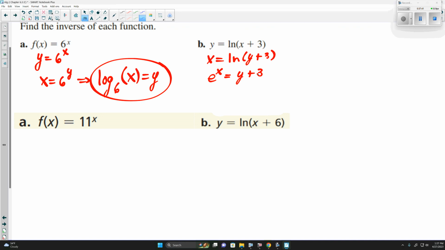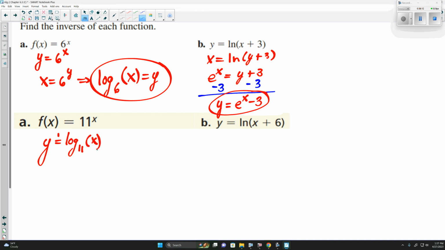Is y by itself? Now in the previous one it was, but this one here we have 3 minus y is equal to e to the x minus 3. And that's it. So I went on and gave you the other 2.